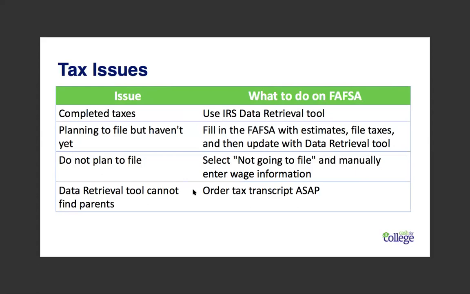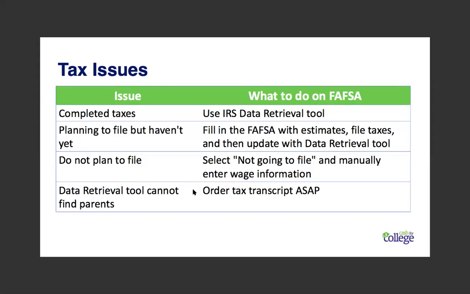The next issue would be if the parents don't plan to file, you can select not going to file. And then you would need W-2s, or if the parent receives Social Security benefits. More than likely, if you say that they're not going to file, the student will be selected for verification. And depending on which verification they're selected for, there will be a significant amount of documentation that they will have to provide.